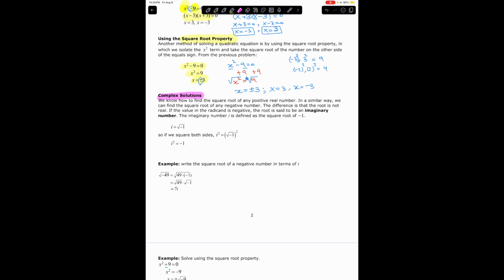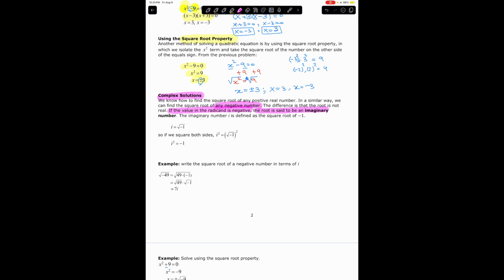This is specifically for square roots, not cube roots. In a similar way, we would like to find the square root of a negative number, but if you plug that into the calculator, it's going to give you an error. However, mathematicians came up with a solution for that. They decided that if the value under the radicand is negative, then the root is said to be imaginary.